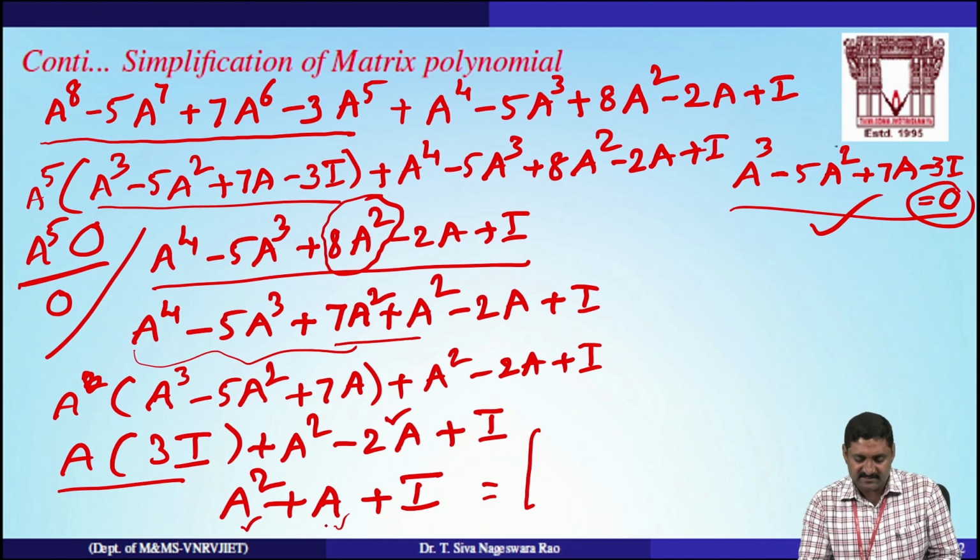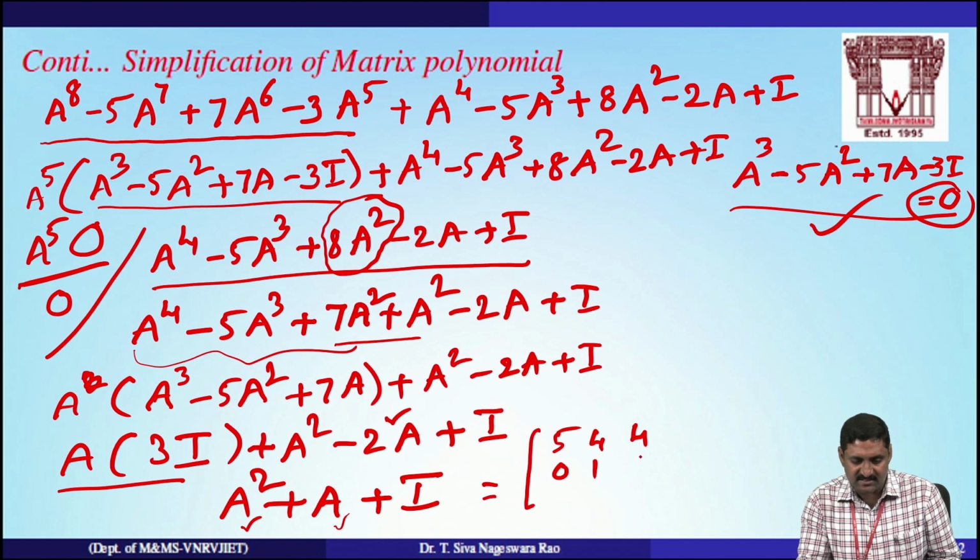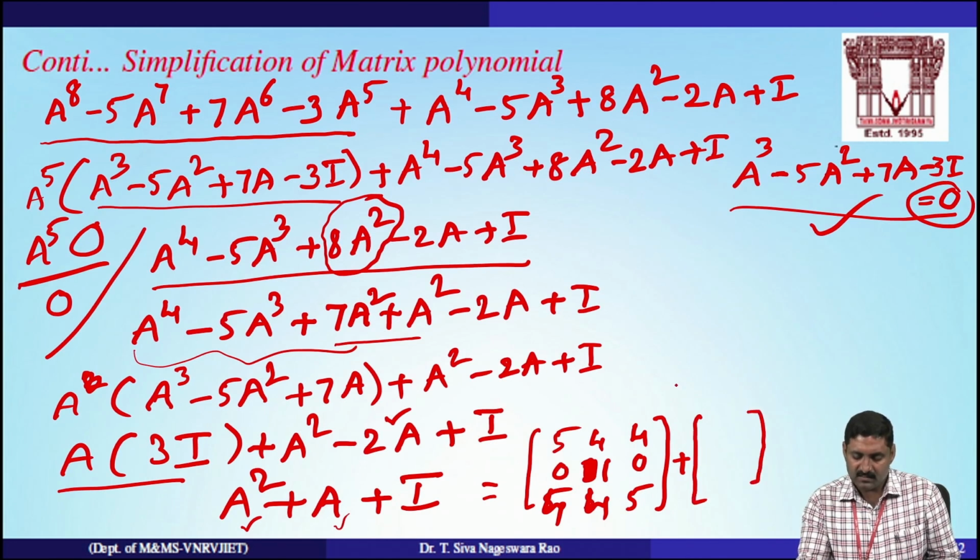A square value is 5 4 4, 0 1 0, 4 4 5, plus the given matrix A here, 2 1 1, 0 1 0, 1 1 2, and the identity matrix of order 3 by 3, 1 0 0, 0 1 0, 0 0 1.